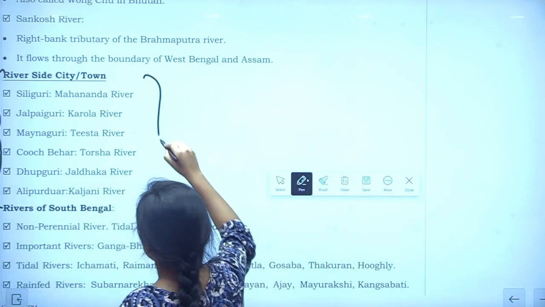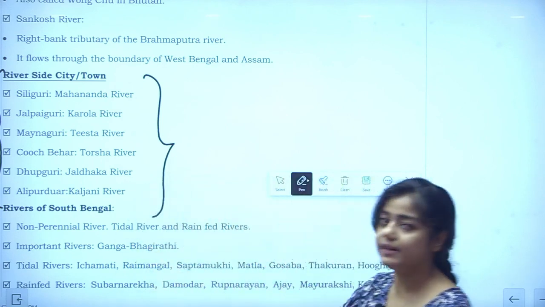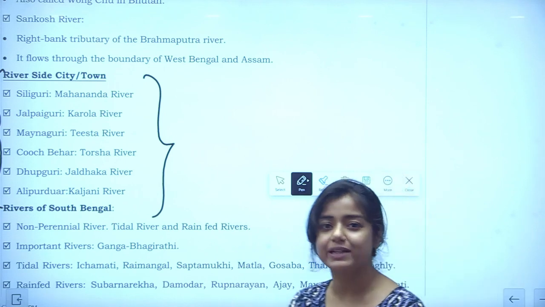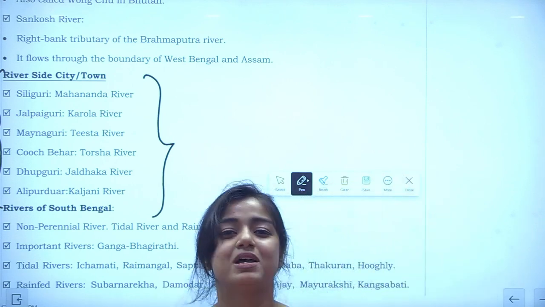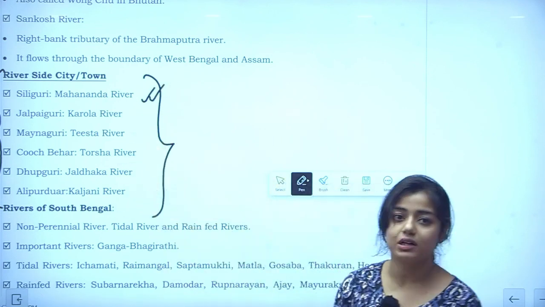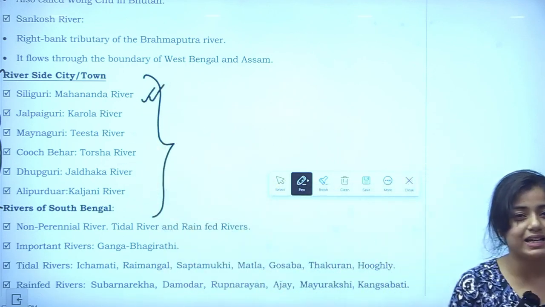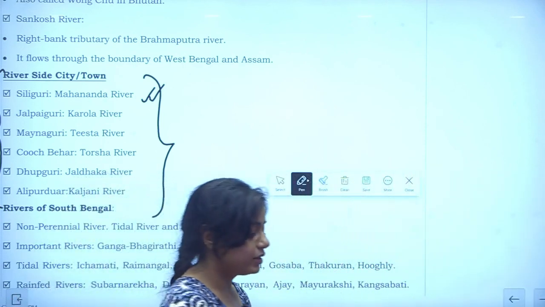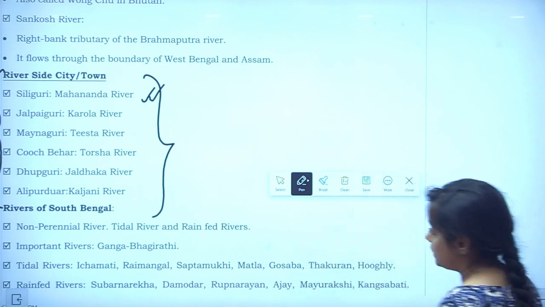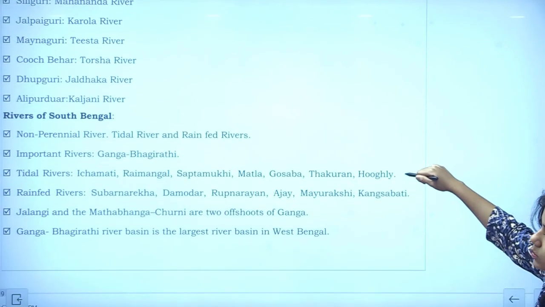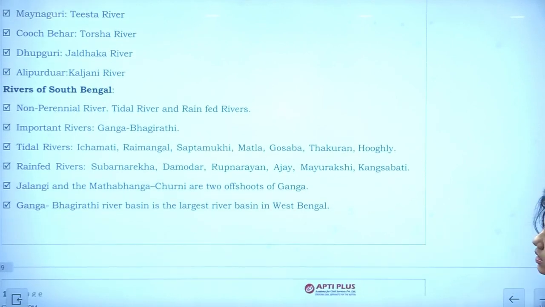Okay, sorry, it has not been shown there. It is a very important table, and questions do come. We know in Indian geography also questions do come. So it is very important for you to read the important towns that lie near the banks of the rivers of West Bengal. So please do study this. And then we go to the rivers of South Bengal.